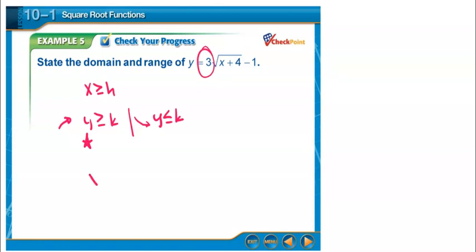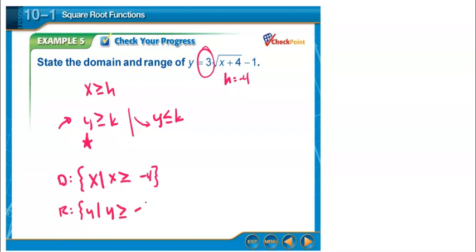So the domain of this is all the x's such that x is greater than or equal to, now h is negative 4, negative 4. And then the range is all the y values such that y is going to be greater than or equal to the k value, which is negative 1. So you should be able to pick that out of the equation.